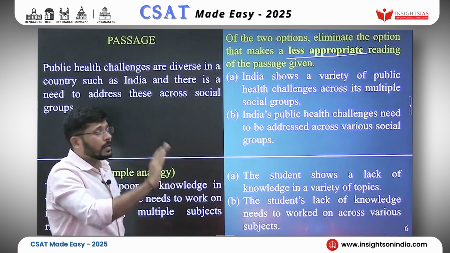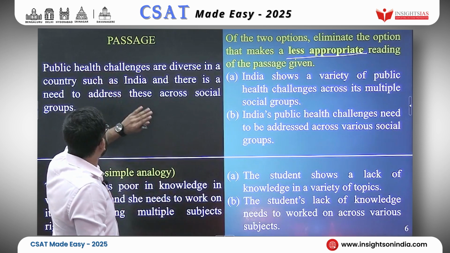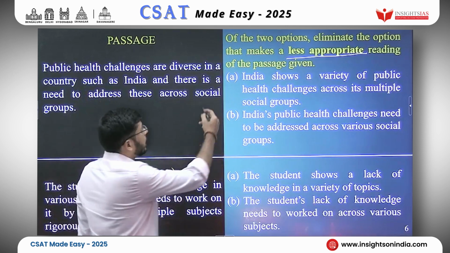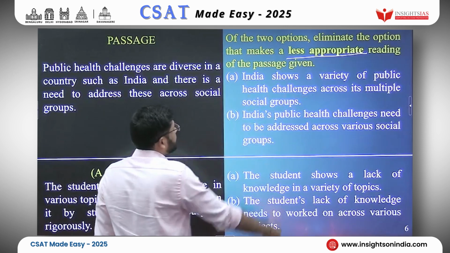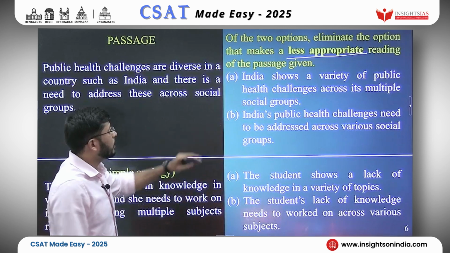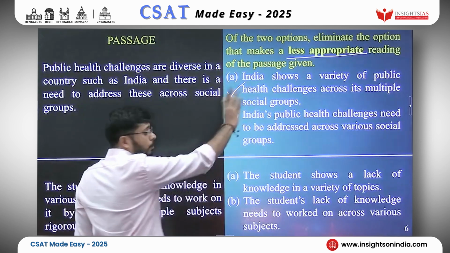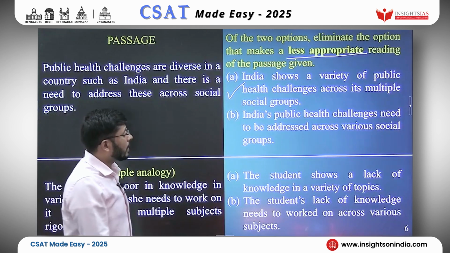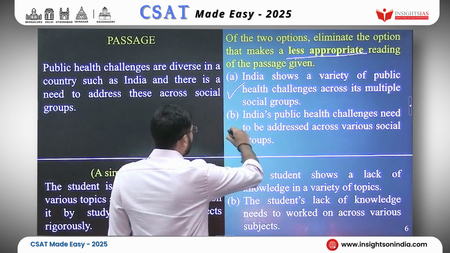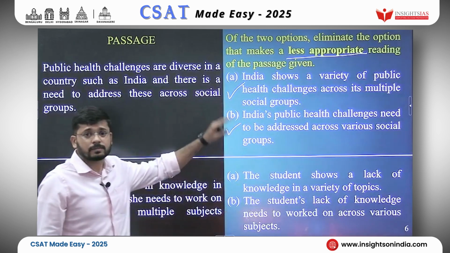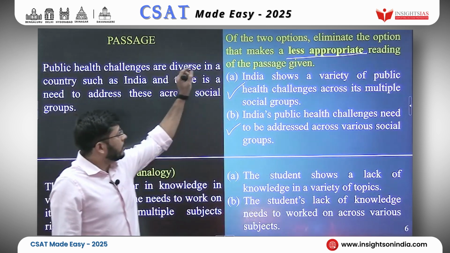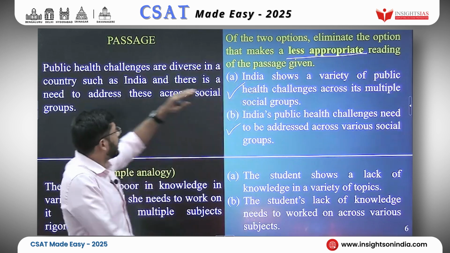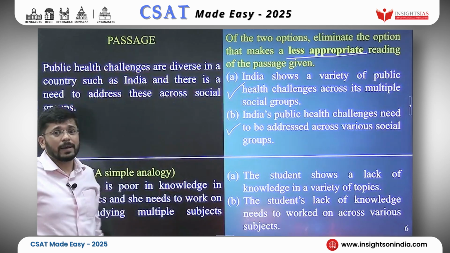Same passage, India, health challenges, they are diverse, so you need to address them across social groups. India shows a variety of public health challenges across its multiple social groups. Yes, perfect. India's health challenges need to be addressed across various social groups. Perfect. However, this first one does not carry the gist of the passage.